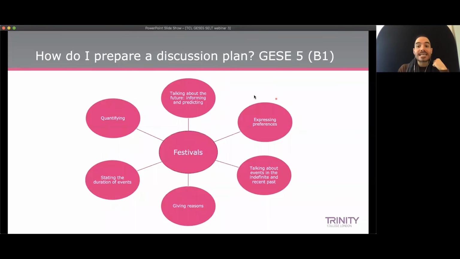What about expressing preferences? What is a question that the examiner might ask to help you use language to express preferences? Let's think. Do you prefer rock concerts or classical concerts?